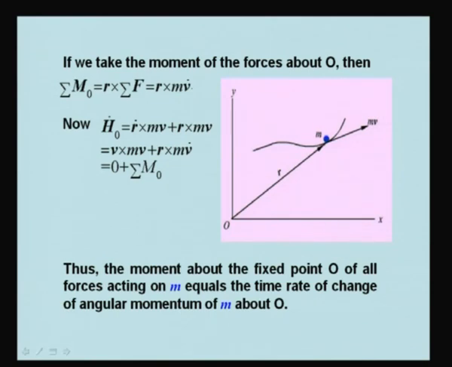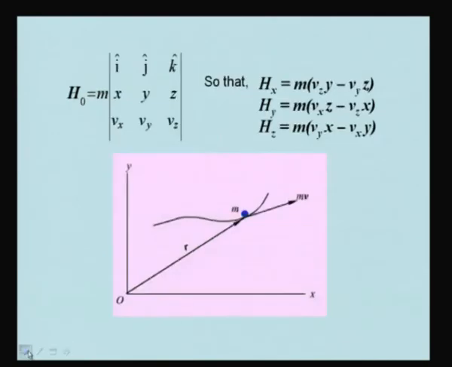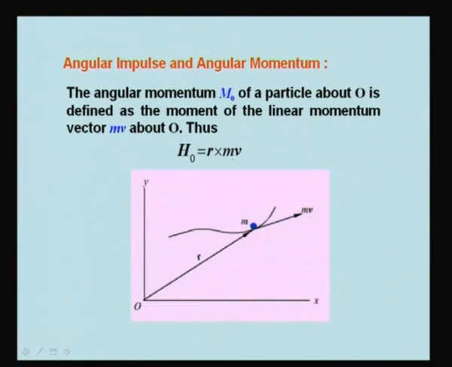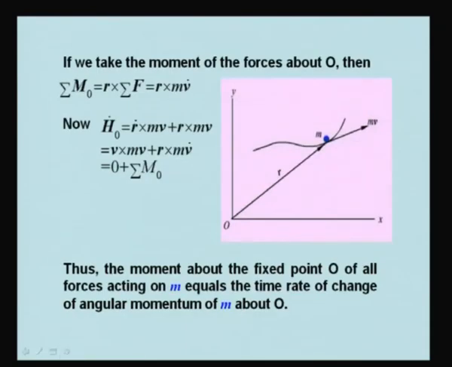Now, since H0 is defined as R cross mv, we can take the time derivative of H0, and this is H dot 0 is equal to R dot cross mv plus R cross mv dot.